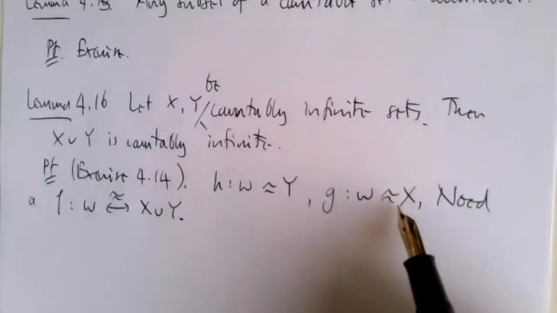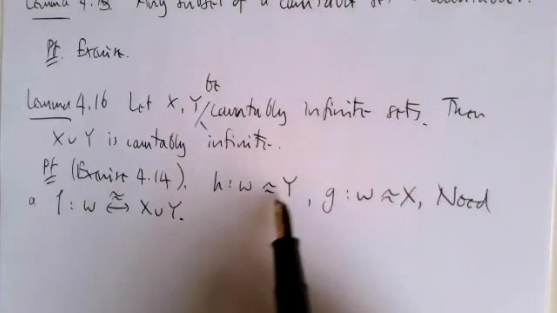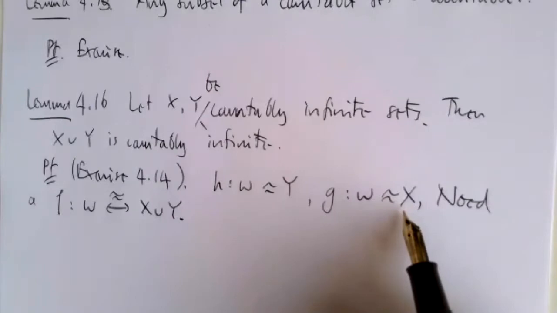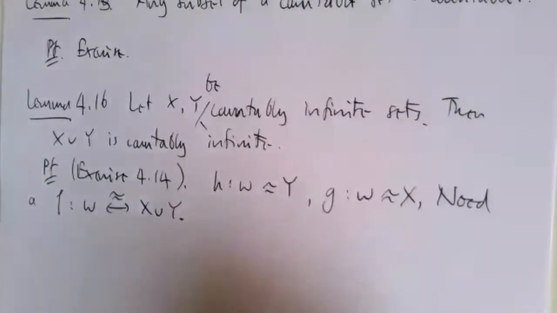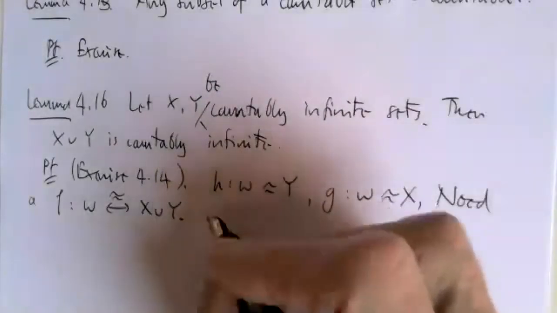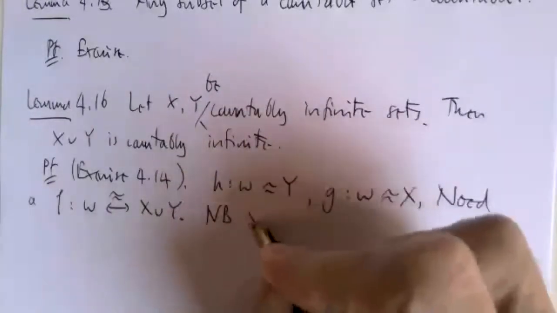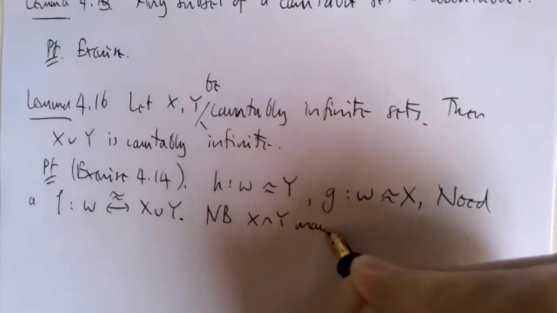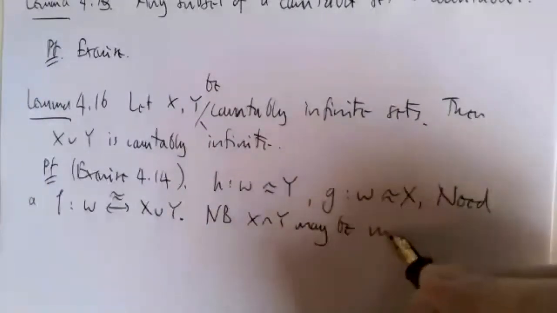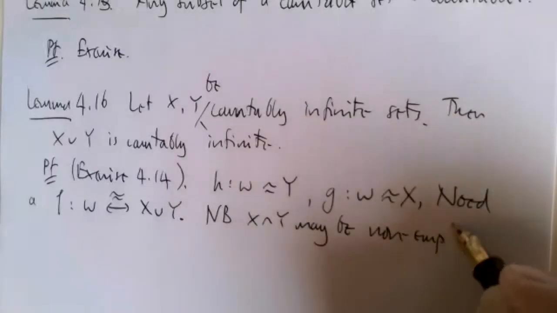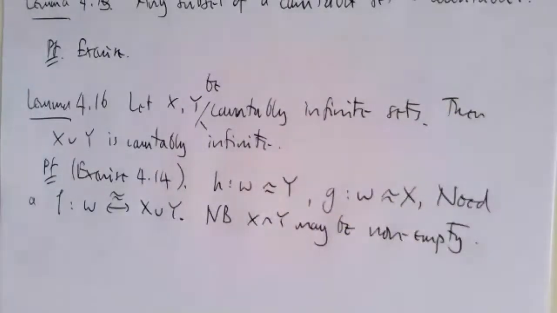If they were disjoint, I could send the evens to y and the odds onto x and combine that to give me a bijection, right? But x and y need not be disjoint. Sorry, x intersect y may be non-empty.